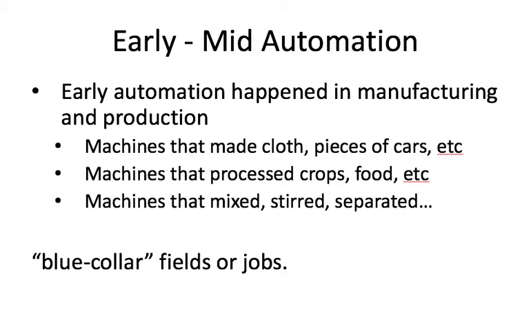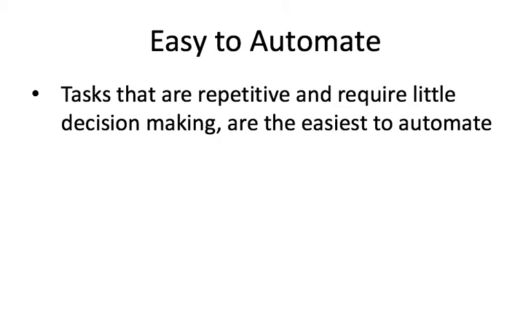actually, let me get to why it is that these are the fields that automation usually starts in. It's because the things that are easiest to automate are tasks that are repetitive and require little decision making. So those are basically the easiest tasks to originally automate.